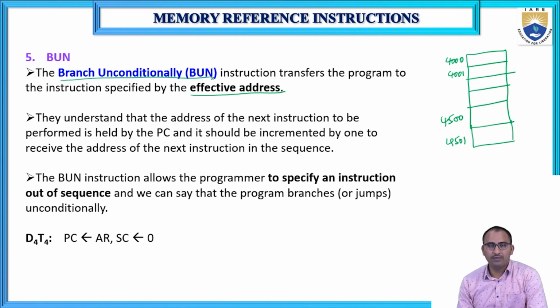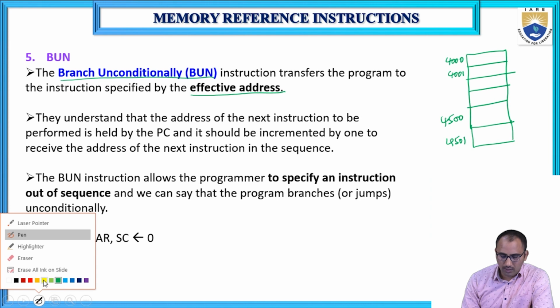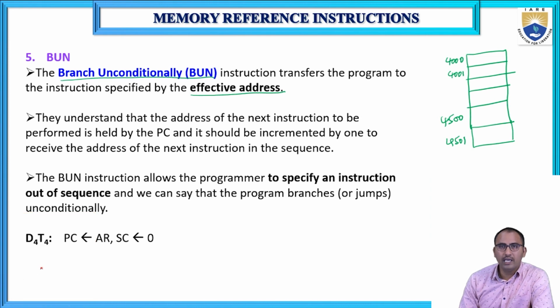The name itself specifies the meaning: unconditionally. Branching means transferring program control from one memory location to another memory location without checking any condition.